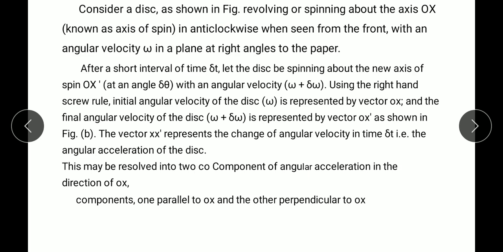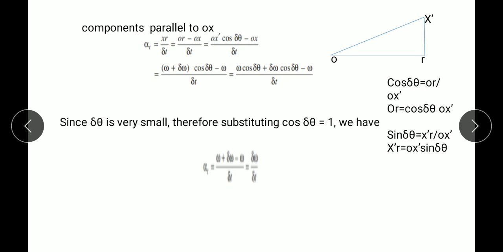So substitute these. OR minus OX is nothing but omega plus delta omega, multiplied with cos delta theta, minus omega, by delta t.